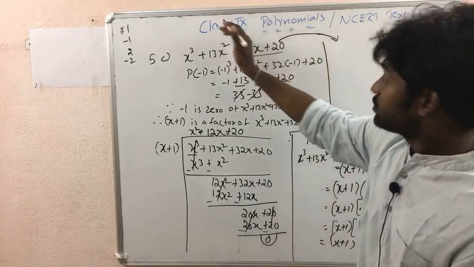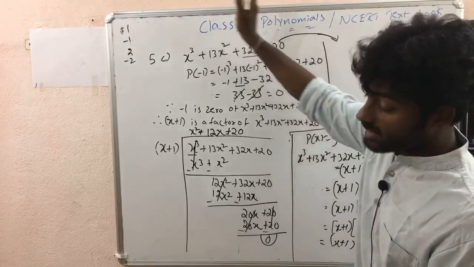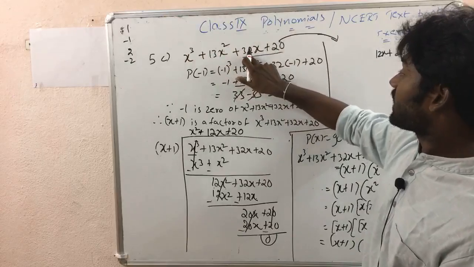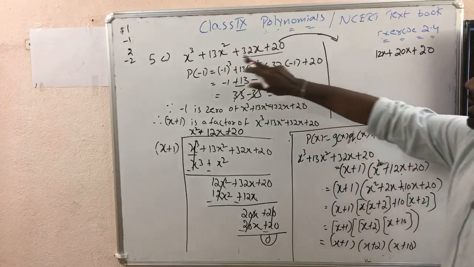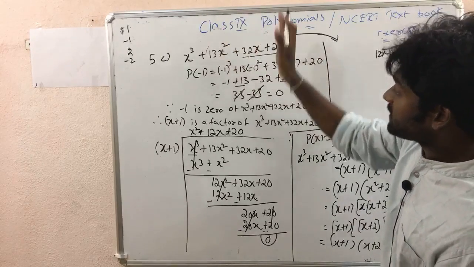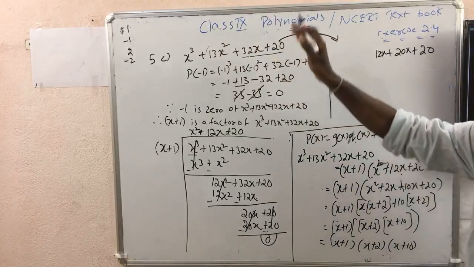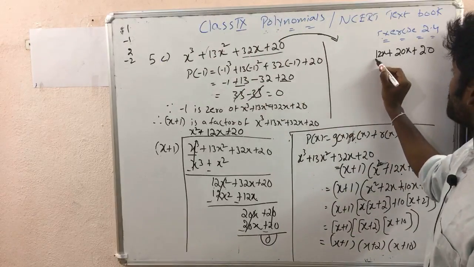Now split the 13x square as 12 plus something, that means 12x square plus x square, based on the coefficient of x here.